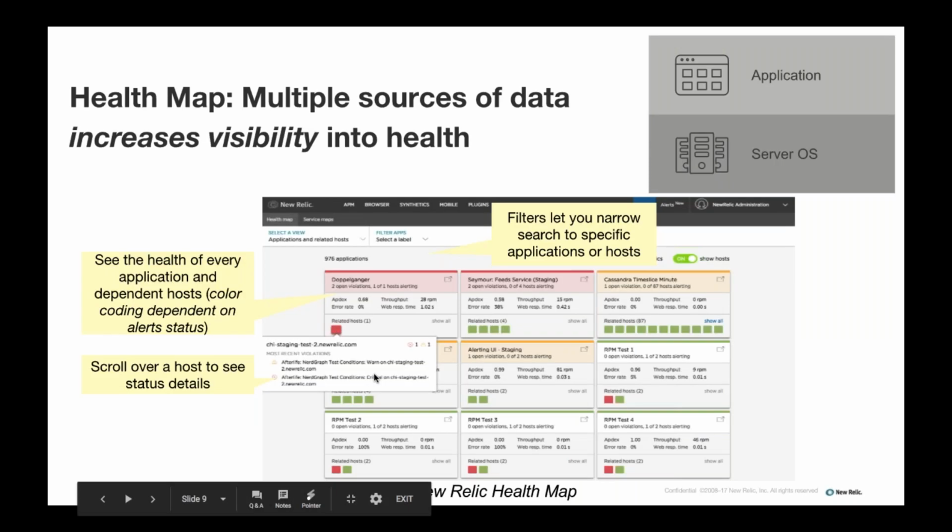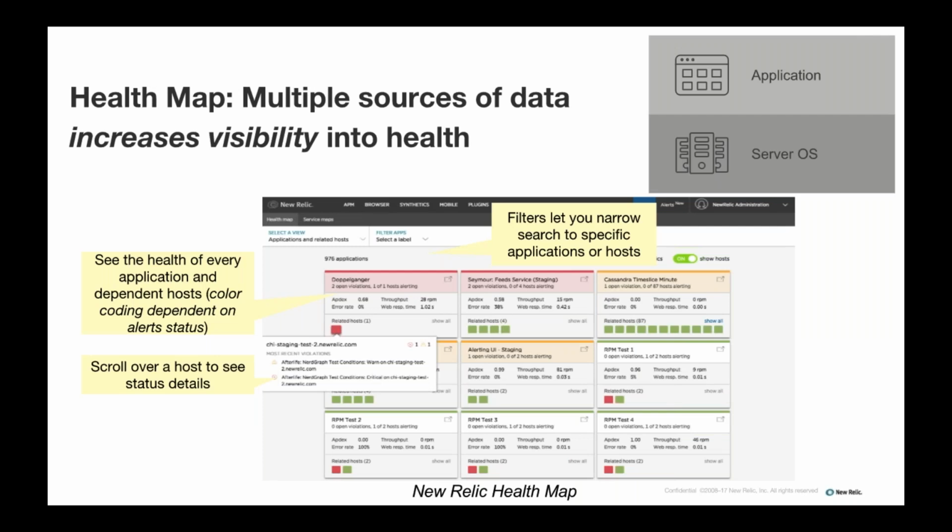So that was from the application perspective. Service maps help you understand how your application touch points are performing, and if there's any bottleneck, it can help you get to the solution of that bottleneck.